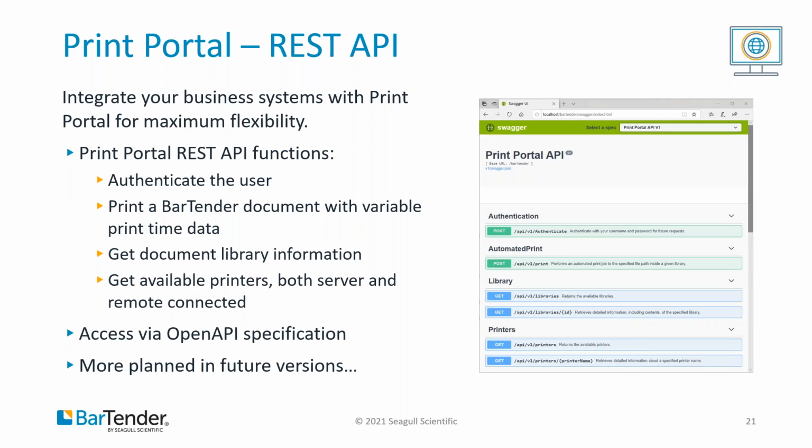So these are various predefined fixed endpoints that are hosted by Print Portal. So this is different from integration platform, where you build your own web services, your own web service endpoints, and define what they do. And that's hosted by the integration service of the integration platform.